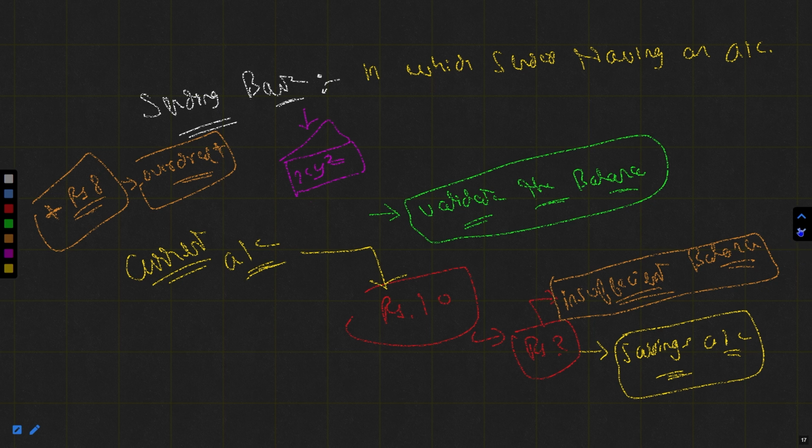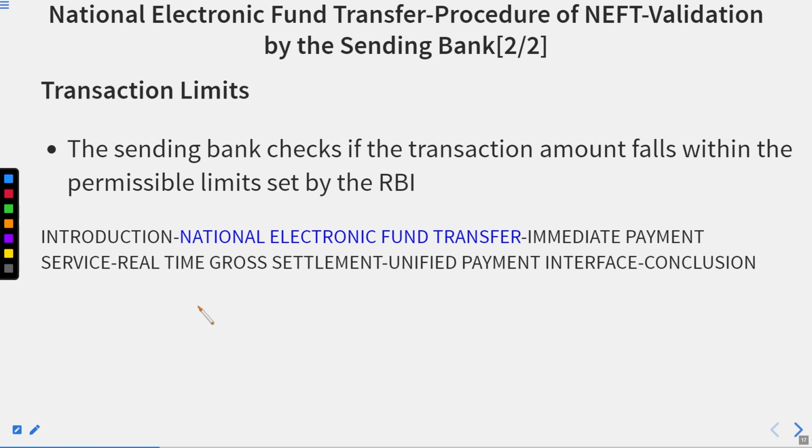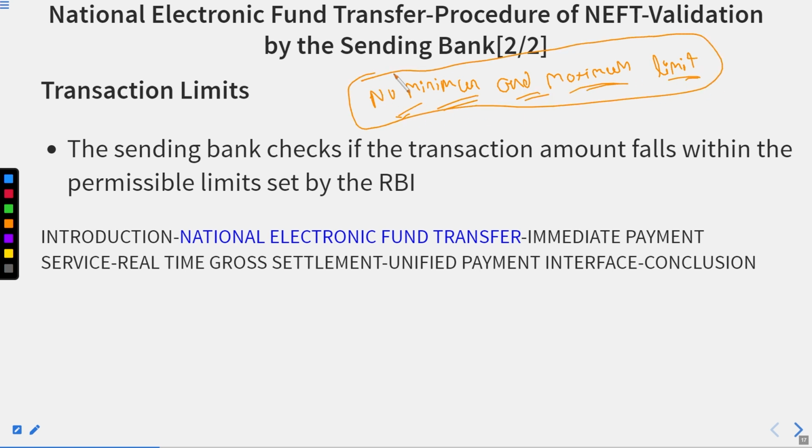Second is the permissible limit. It means how much amount you could proceed. So remember, there is no minimum and maximum limit. In NEFT, there is no minimum and maximum limit for the transaction.